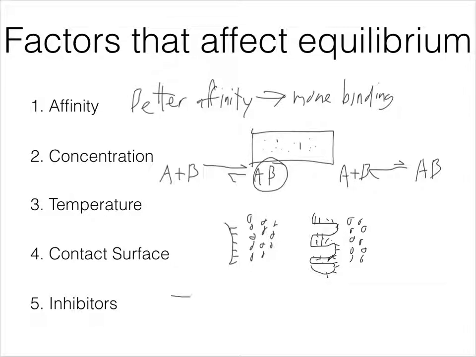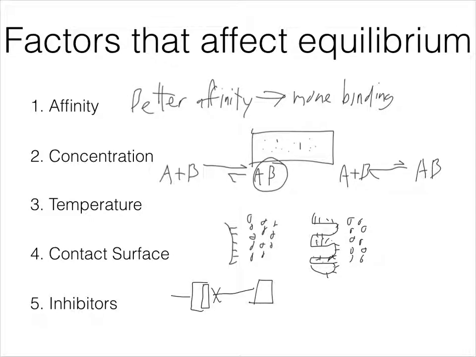So here we have our receptor, right? And we've got our ligand. And the ligand wants to get to the receptor, but this receptor is currently bound to an inhibitor, something that isn't activating it, but also is blocking anything else from binding.